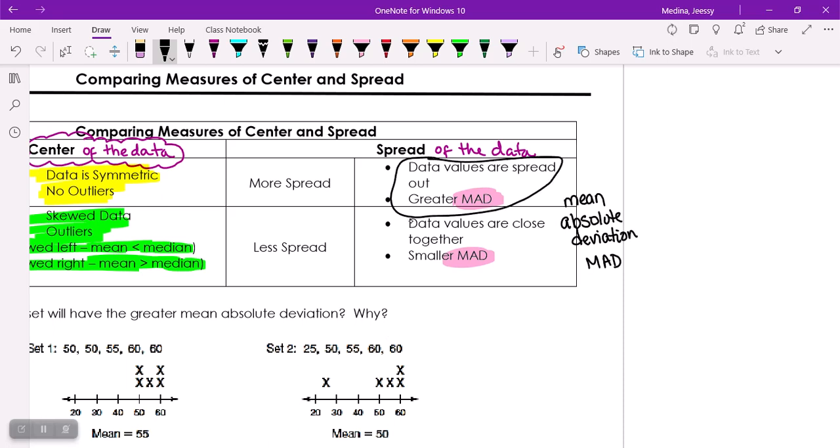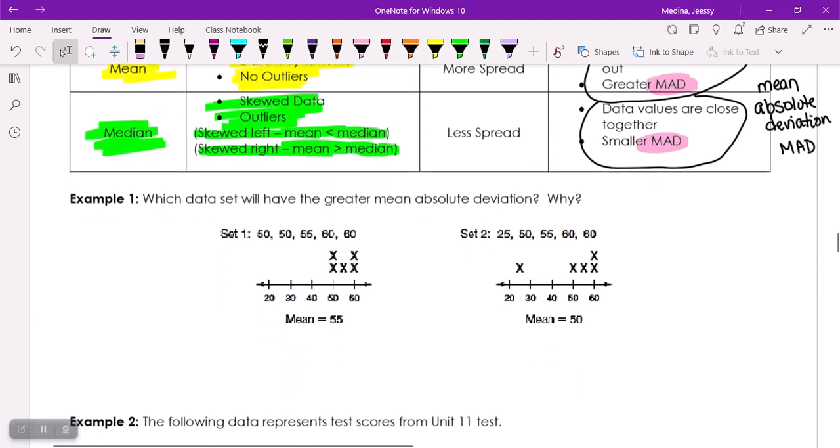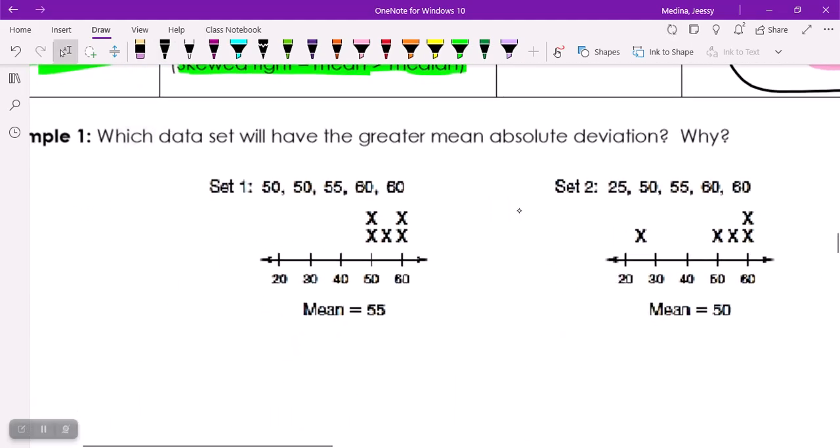If your data is close to itself, then you're going to have a smaller mean absolute deviation. So if they ask you to describe the spread, then you will use the mean absolute deviation to describe the spread. Clear? All right, so looking at these two dot plots, which data set will have the greater mean absolute deviation?